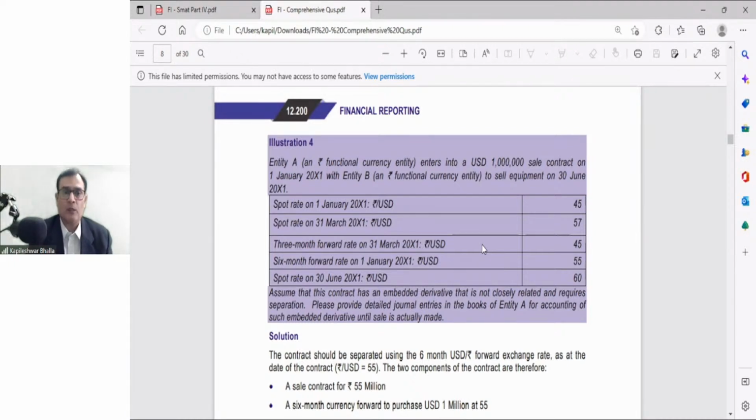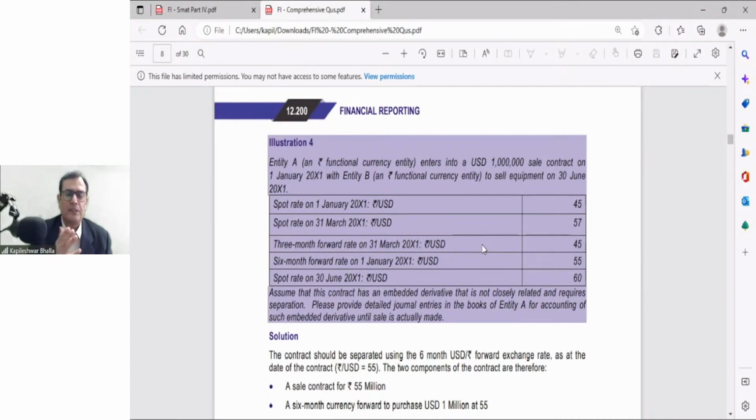Now we are given a spot rate on 1st January, which is 45, and a spot rate on 31st March, that is 57. So we are given the rate when you entered into the contract and the rate on 31st March, and then a 3 months forward rate, which is going to expire on 31st January.